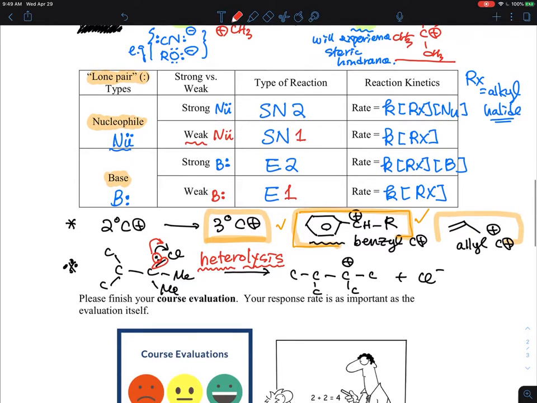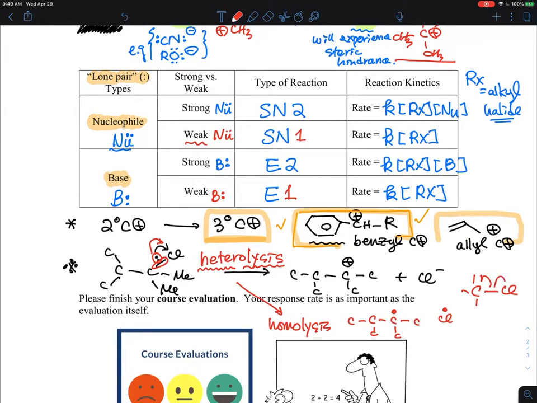But if you think about homolysis, what that means is this carbon is now a radical, and chlorine is a radical. Before, there was a carbon-chlorine bond.